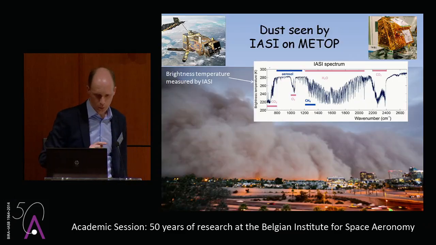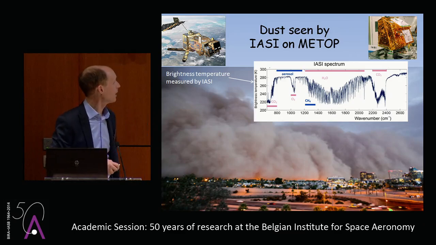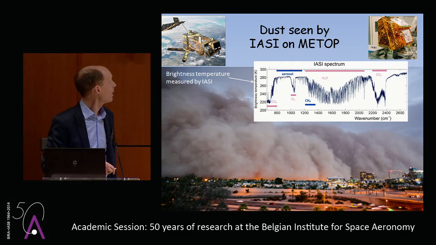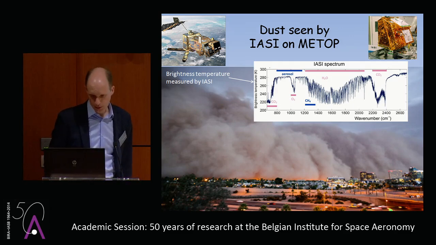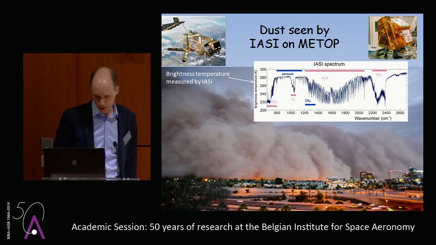So what this group is also doing is retrieval of different compounds using satellite measurements. Dust, as I told previously, is a very important source of pollution in many parts of the world.